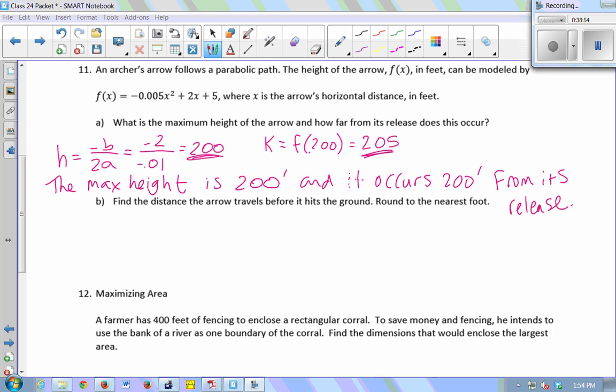So how far does the arrow travel before it hits the ground? What do you think? Yeah, what equation am I solving? What about k?